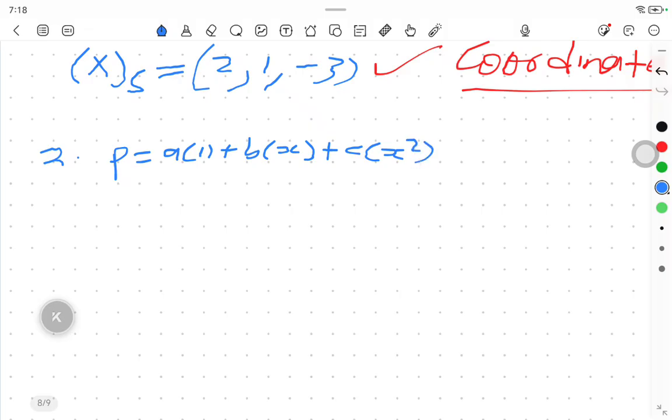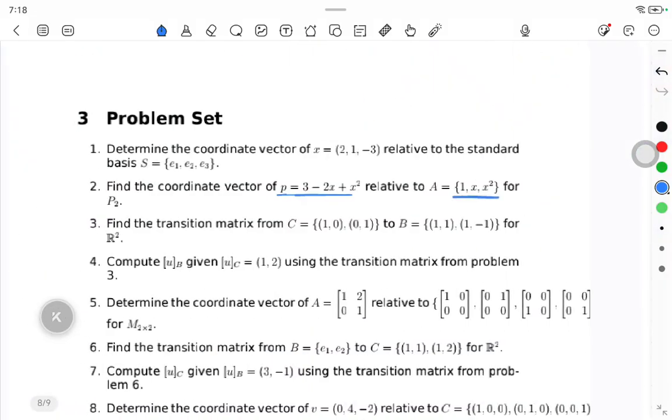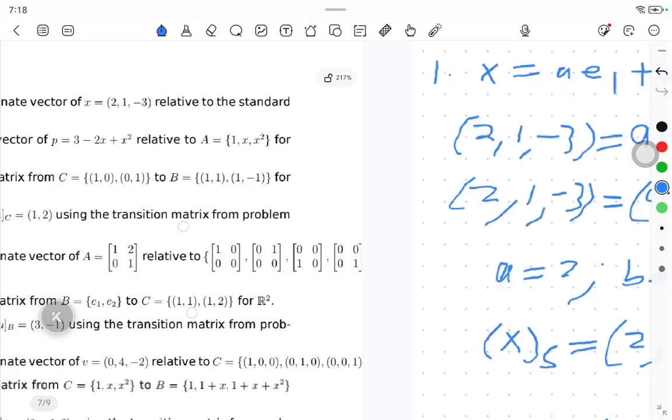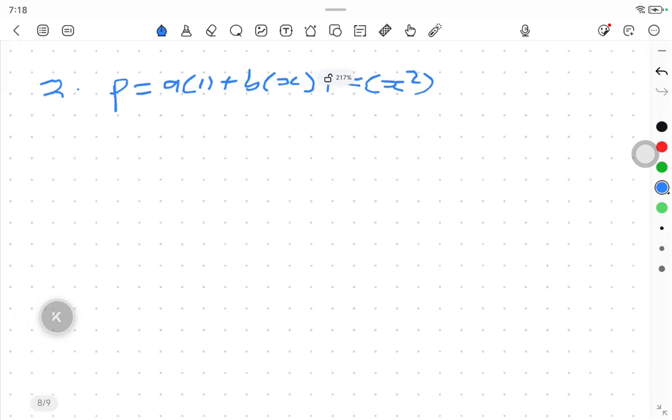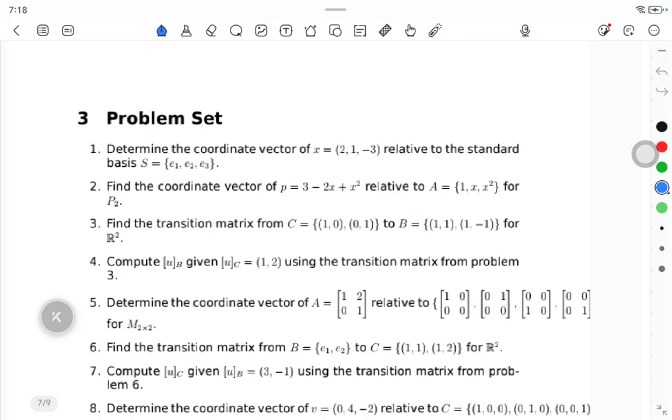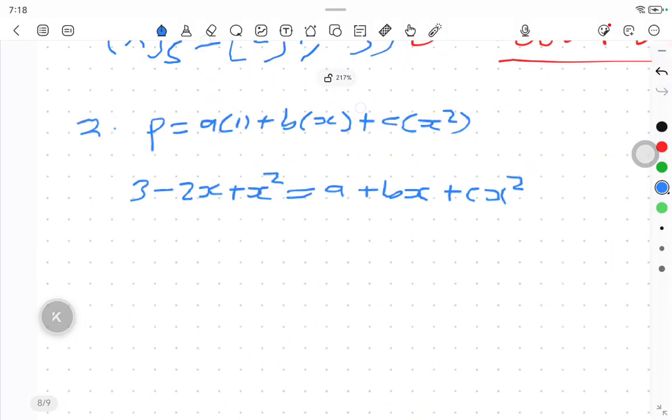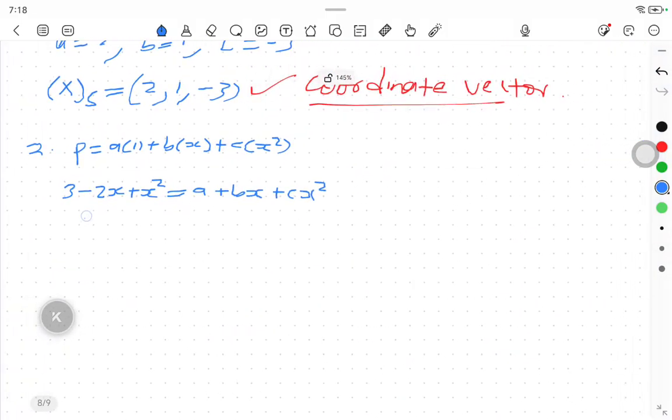Then on this side we have p is 3 minus 2x plus x squared, which is equal to a plus bx plus c x squared. Let me confirm if it's the correct one. Yeah. So we find our values: a is 3, b is minus 2, c is 1.